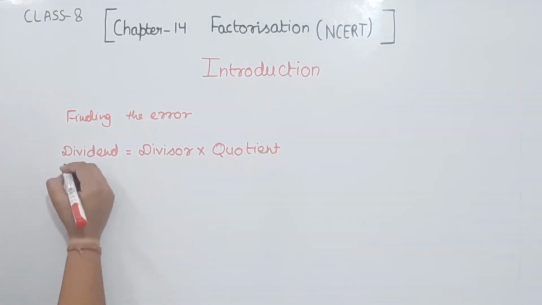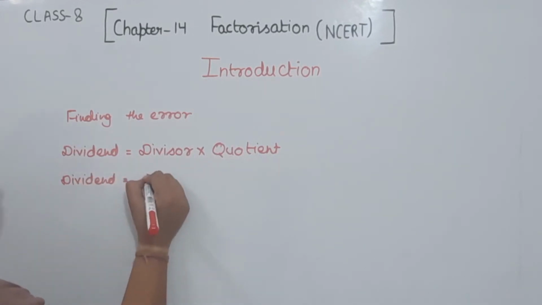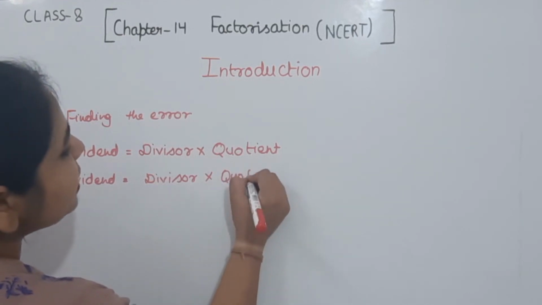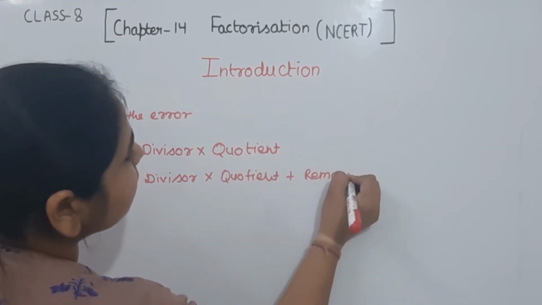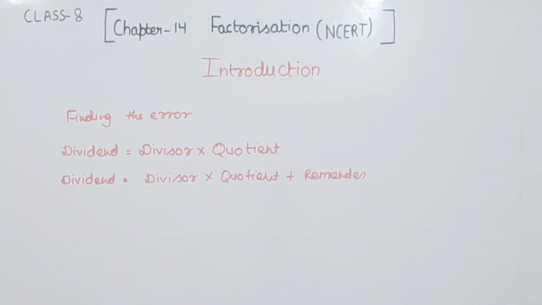When we are having a remainder, then dividend is equal to divisor multiplied by quotient plus remainder.